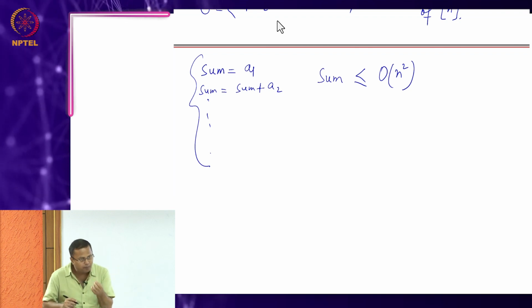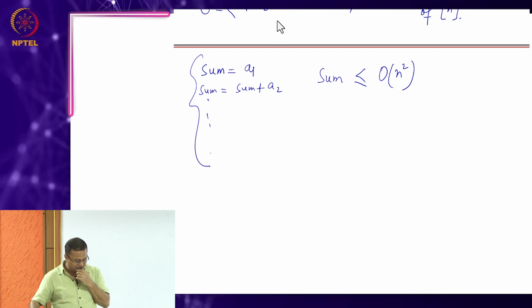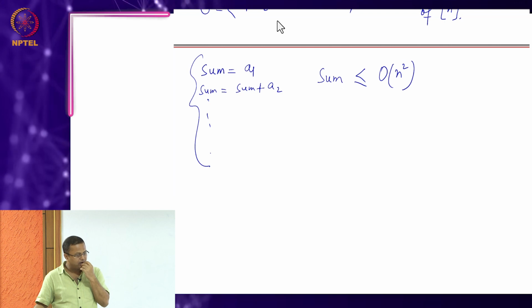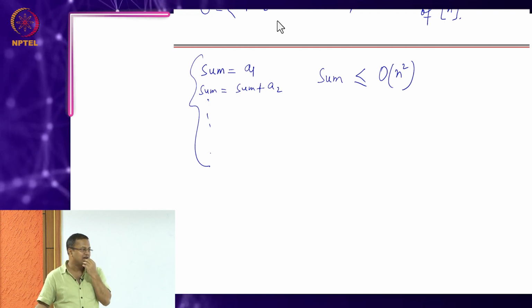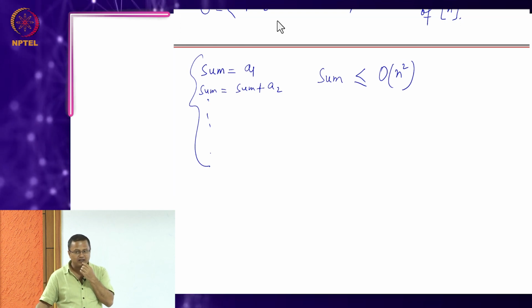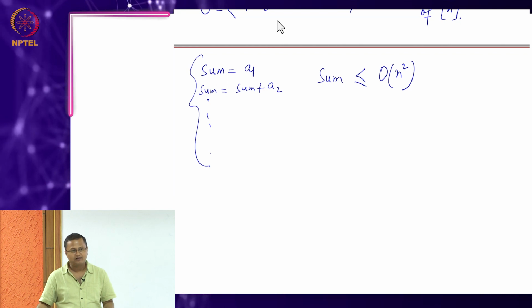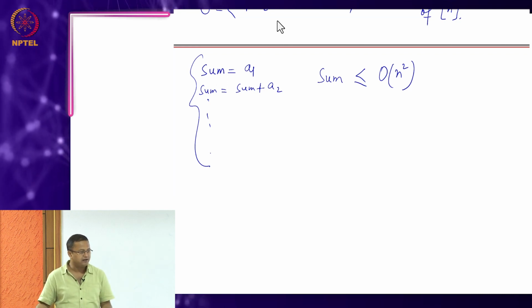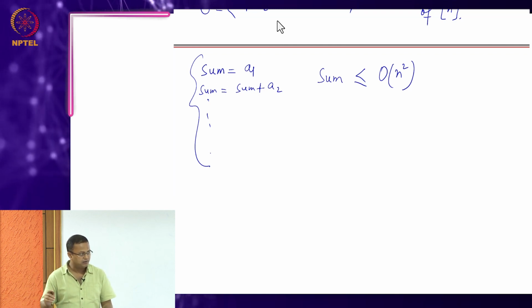To represent a number n, how many bits do I need? Log n. To represent a number n square, how many bits do I need? Order log n. So, to represent any number that is polynomial in n, I require order log n, right?